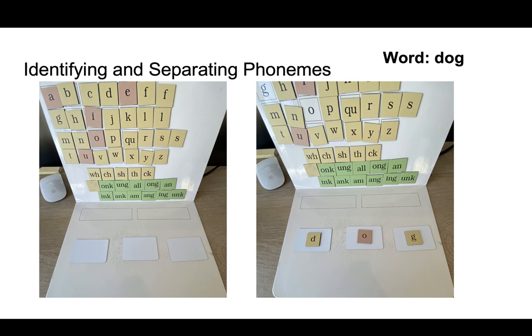In the first strategy, the teacher would ask the student to listen to the number of sounds or phonemes heard in a given word. Students will move the small rectangular magnets to represent each sound they hear in the word. For example, if we use the word dog, a simple CVC word, we can hear the sounds d, a, g, or 3 sounds.